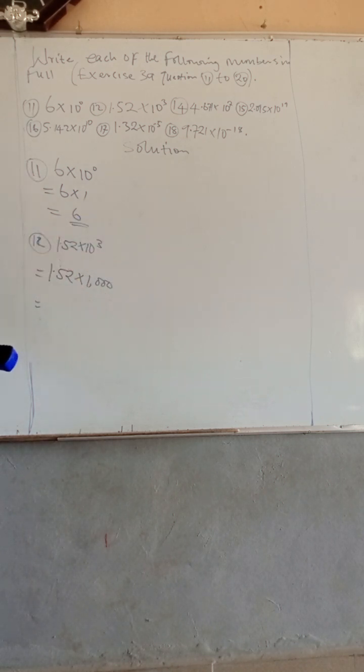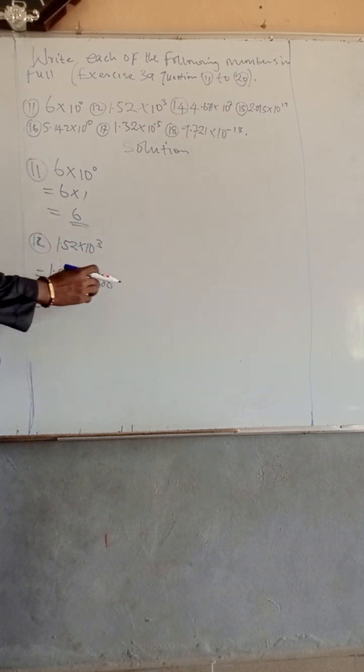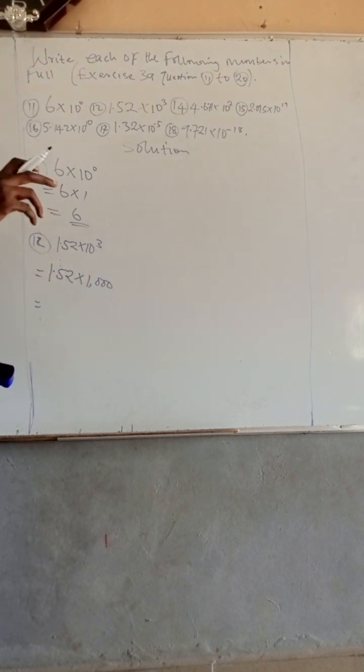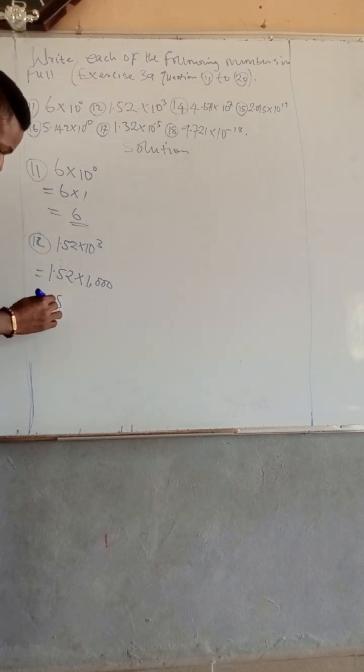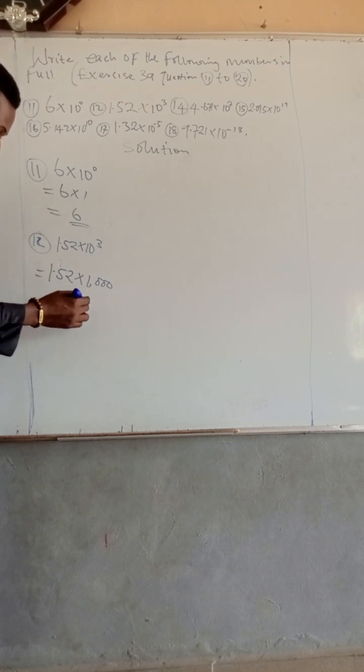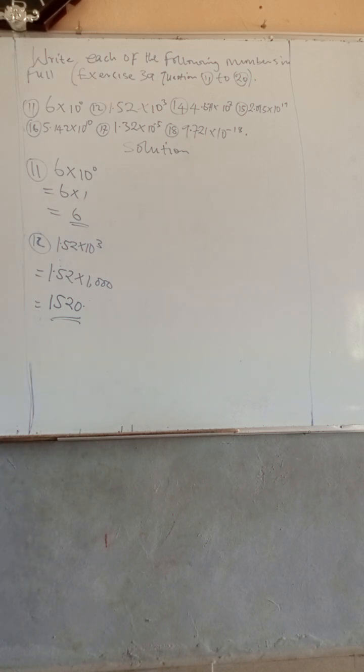But the simple way to go about it is that we have 1, 2, 3, so we are going to move our decimal point 3 places. Our decimal point is here, we move it 1, 2, and 3. So we will have 1520 point as our number in full.